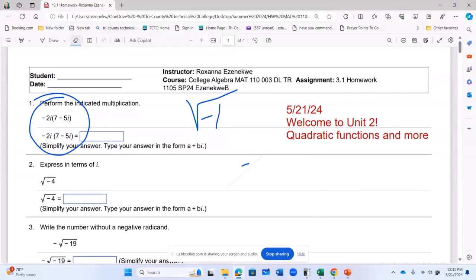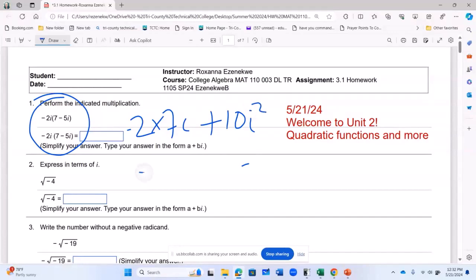They are conjugates. Okay, so -2i multiplies 7. If I open this parenthesis here, I have -2 times 7, which is -14i. And if I multiply -2i by -5i, negative times negative is positive, and I have 10i squared.